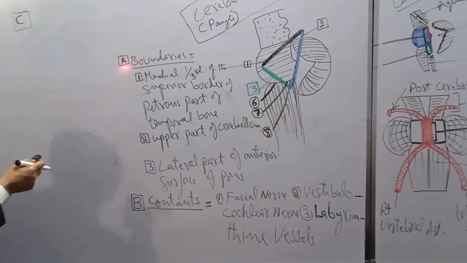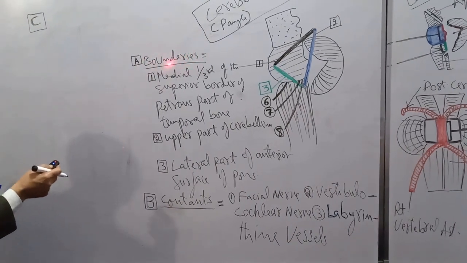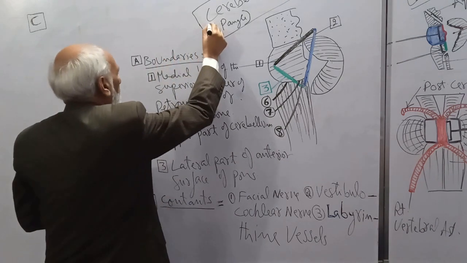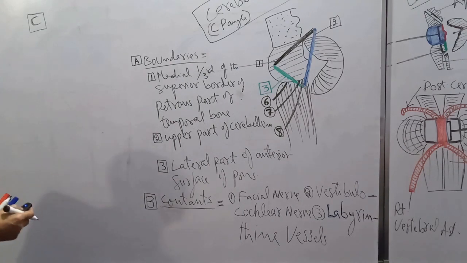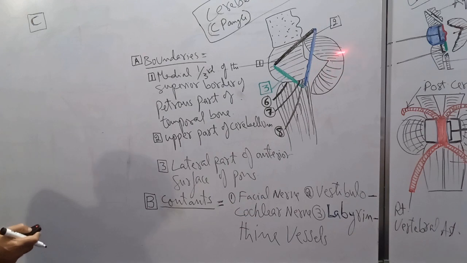These were the contents. Now next, what is the clinical importance? First, we talk about the boundaries of this angle, CP angle. Then we talk about the contents. Now, what is the importance?